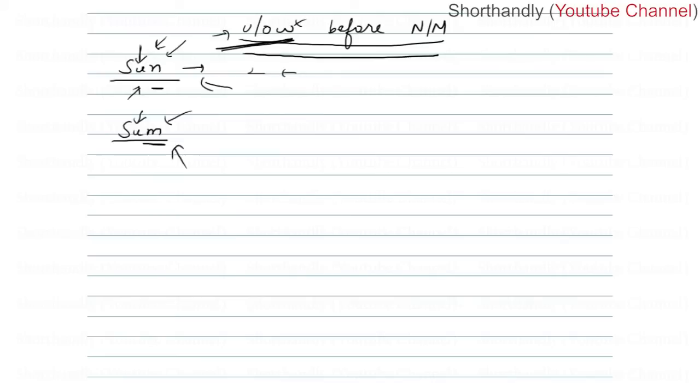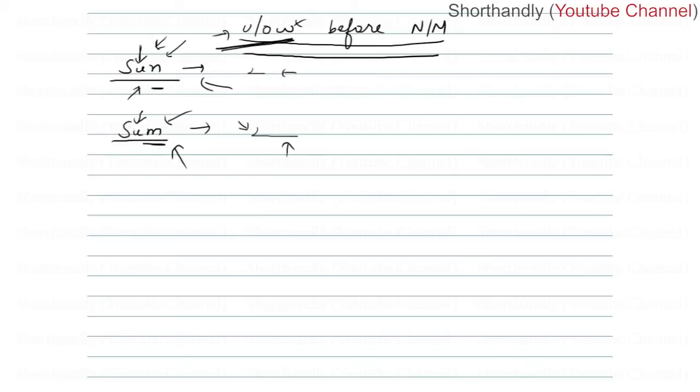This word can be simply written like this. This is our S, and we omitted the U or a, and then we have this M.